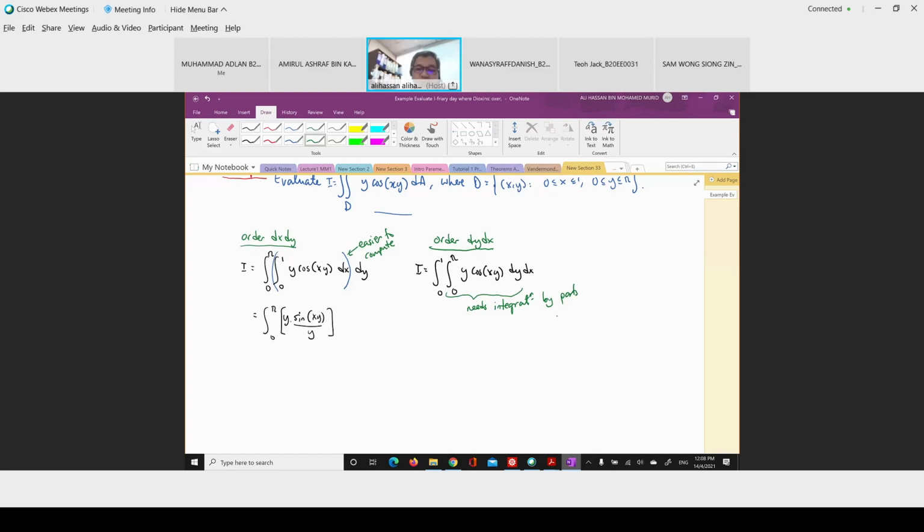Yes. Suppose I write the integral of cosine alpha x. Then it is clear it is equal to sine alpha x over alpha, right? So now the role of alpha is y here.